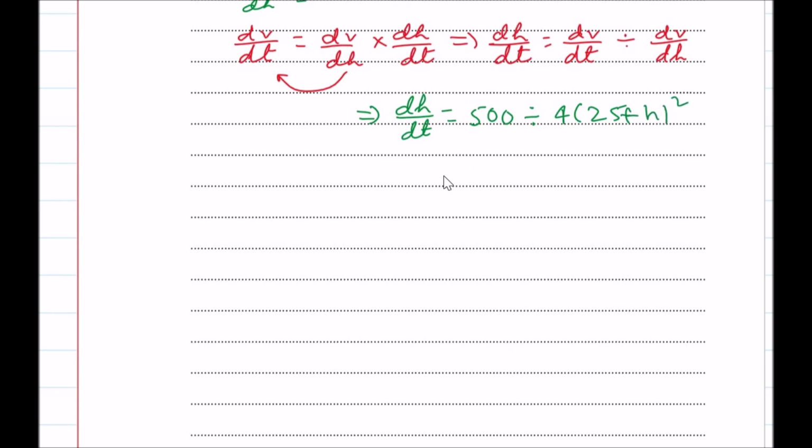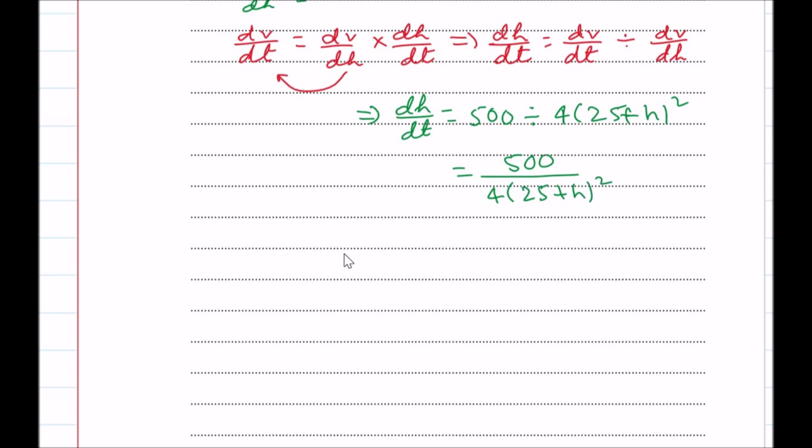So with that, we can write as a fraction: 500 divided by 4 times (25 plus h) whole square.